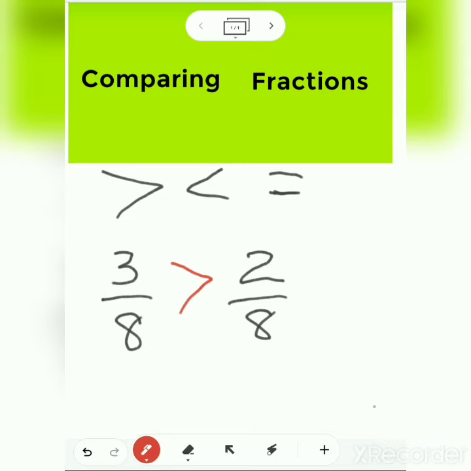Now remember, because they have the same denominator, we go ahead and we use a numerator to make the comparison. And so, because 3 is bigger than 2, we can say 3/8 is greater than 2/8.